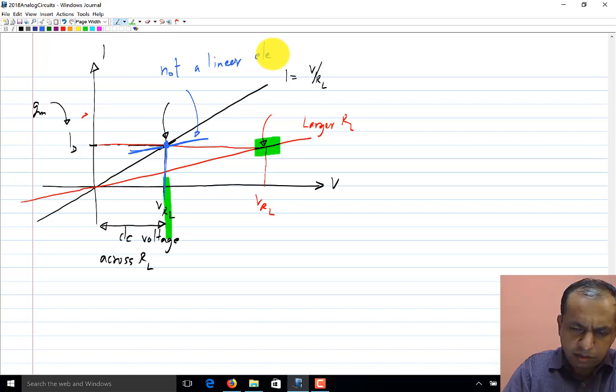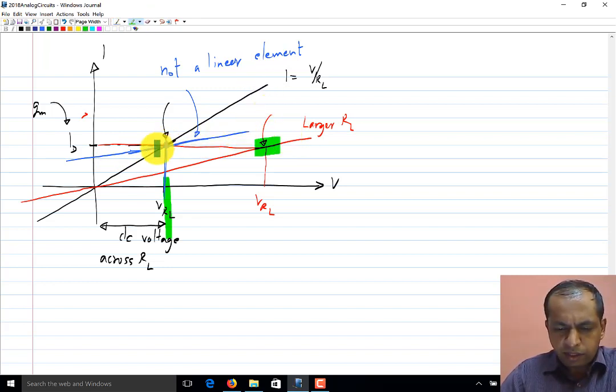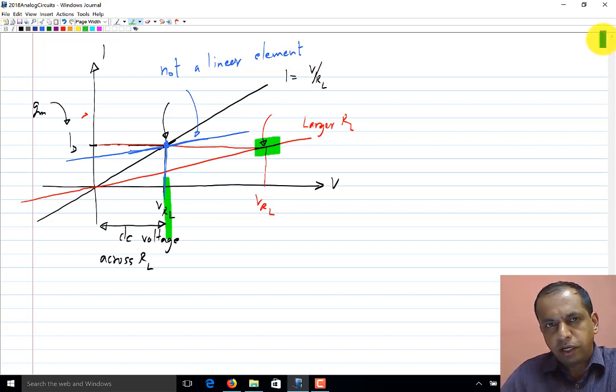And it's very clear that this is not a linear element, because if it's like this, its characteristic cannot pass through the origin. Okay, whereas these two, their characteristics do pass through the origin, because once we specify this point, we cannot specify the slope independently. To have it pass through the origin, we just have to draw this black line.